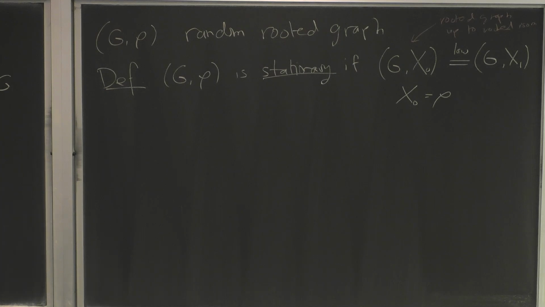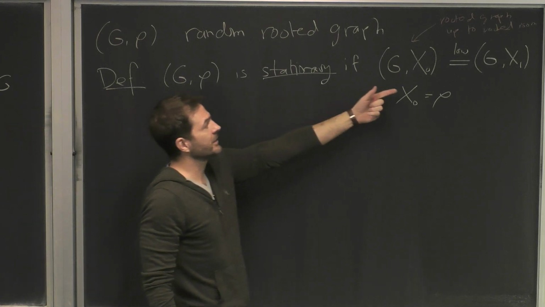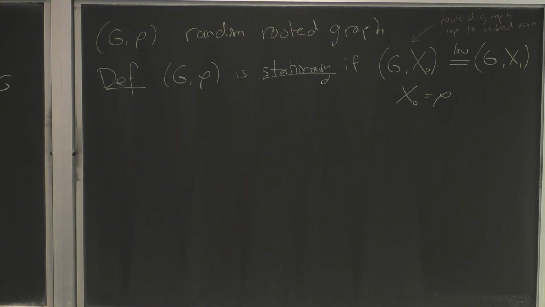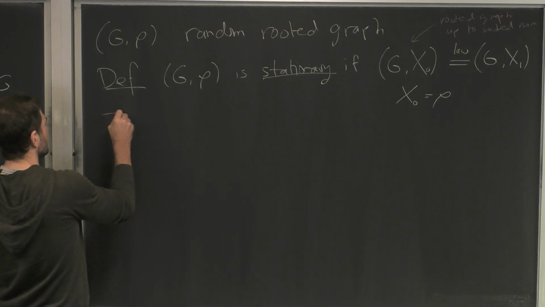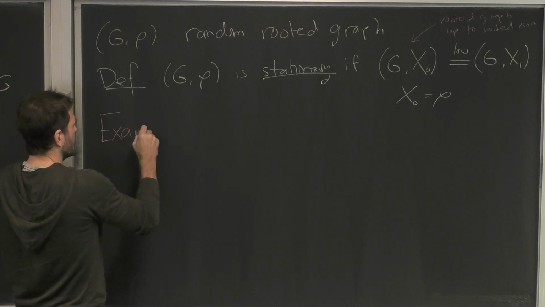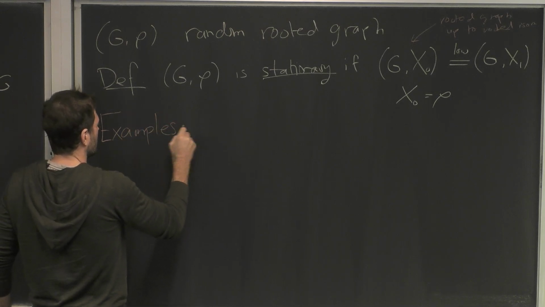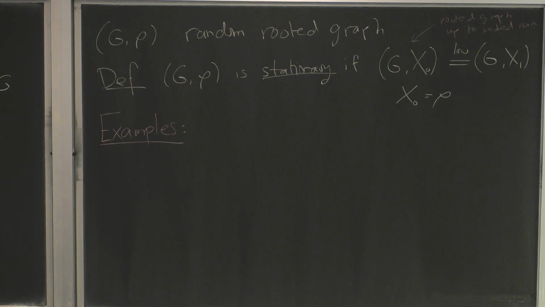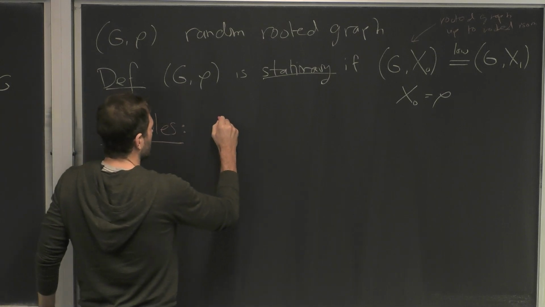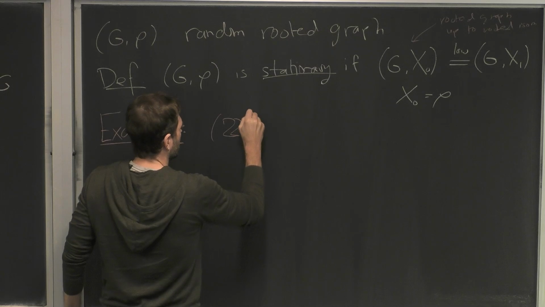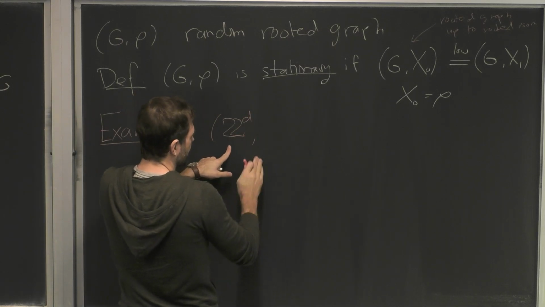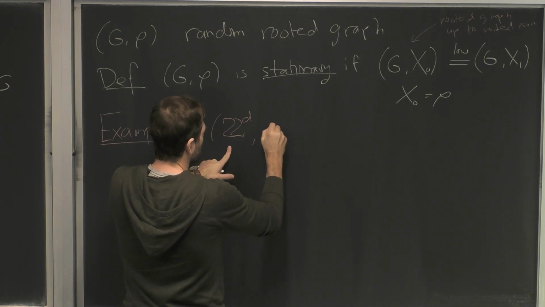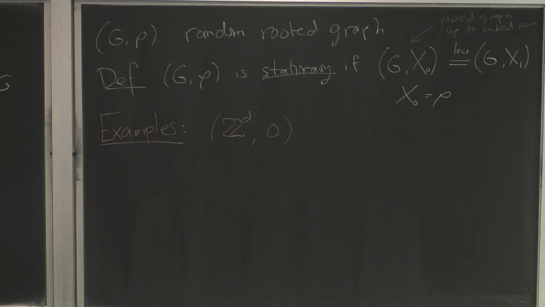Okay, and in general, this is a really nice model for stochastically homogeneous media. So let's look at some examples of stationary random graphs. Well, one would be if we take a transitive graph with some fixed root, then this is a stationary random graph.